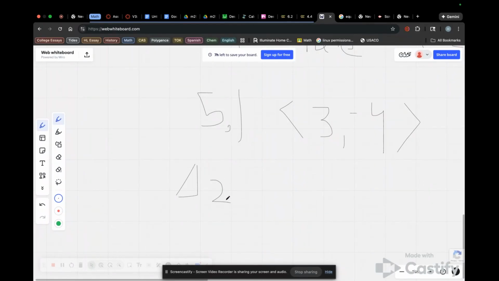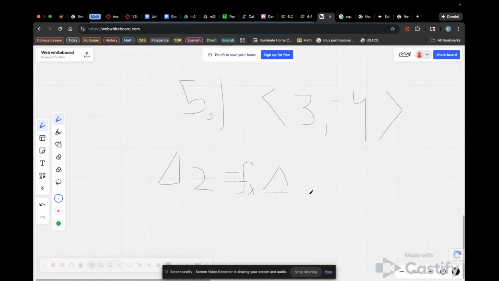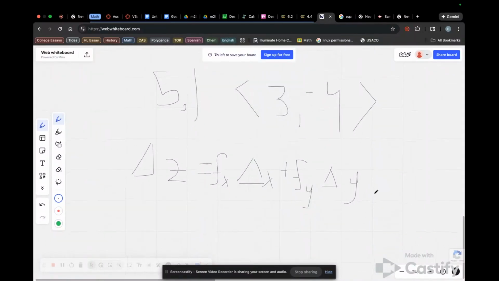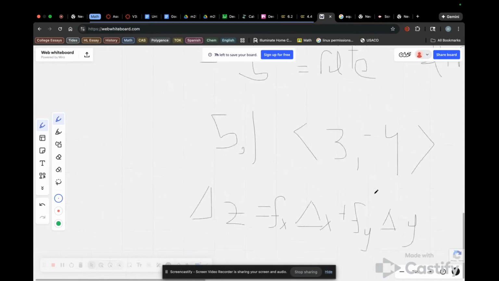Delta z equals f_x times the change in x, and then we got f_y times the change in y. Yes, that's our formula. I found this online.